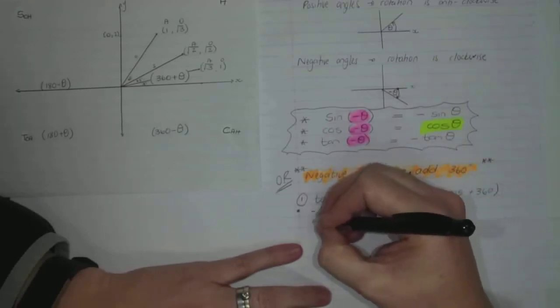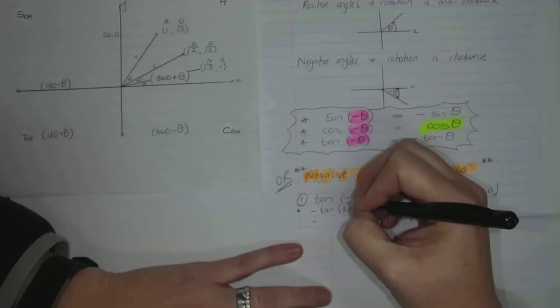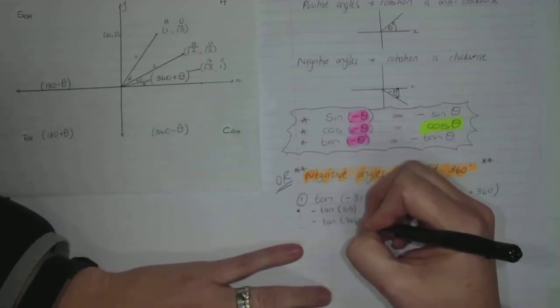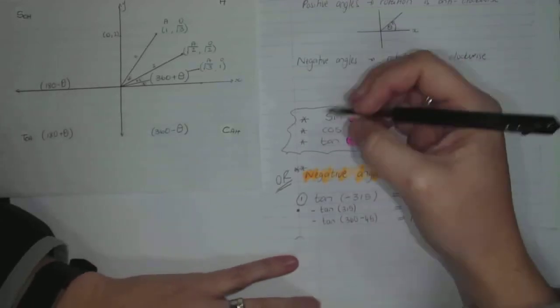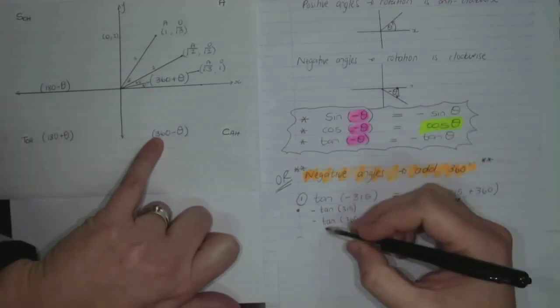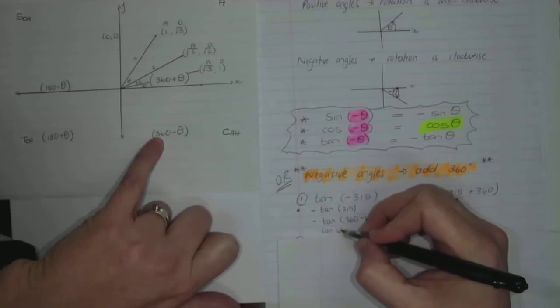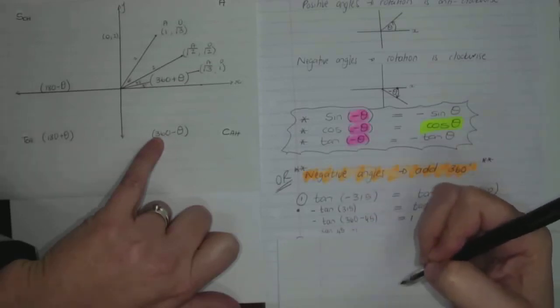Okay, which means I've got a big angle. I need to rewrite it as an acute. So I can say it's 360 minus 45. In 360 minus, I have a negative tan. So a minus and a minus will become a positive tan of 45. Tan 45 is equal to 1.